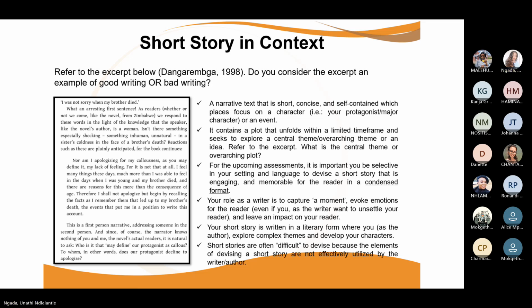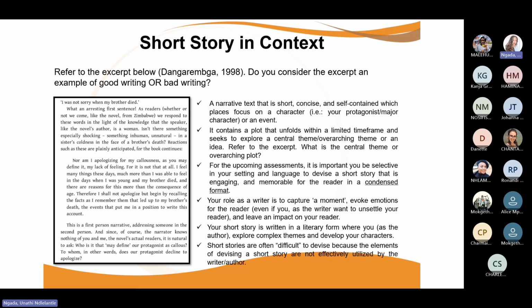A narrative text, in essence, is a very short and self-contained piece of text that places focus on the character, which is done by the author. When we say focus on the character, we're talking about the protagonist, or even the antagonist in your short story. The major character in your short story doesn't necessarily have to be the good person.